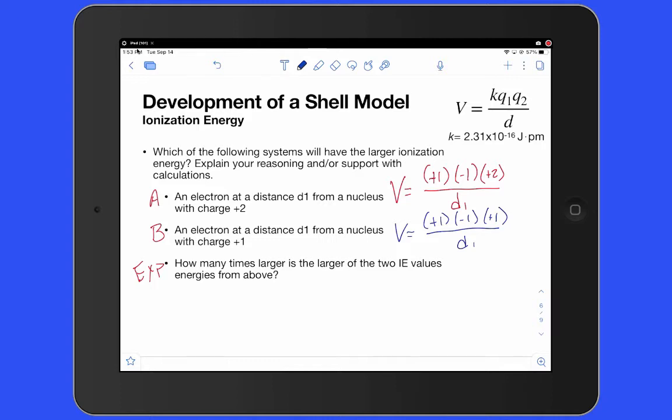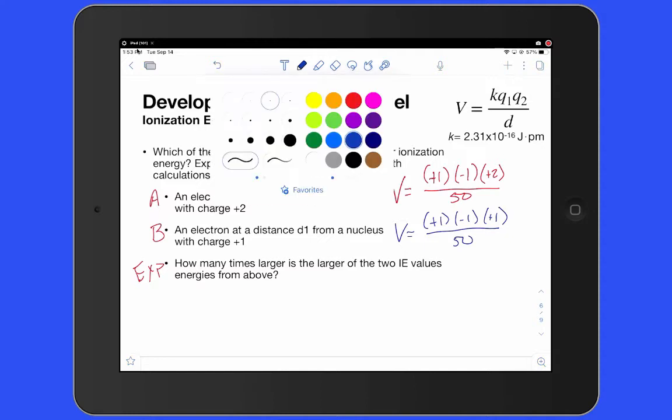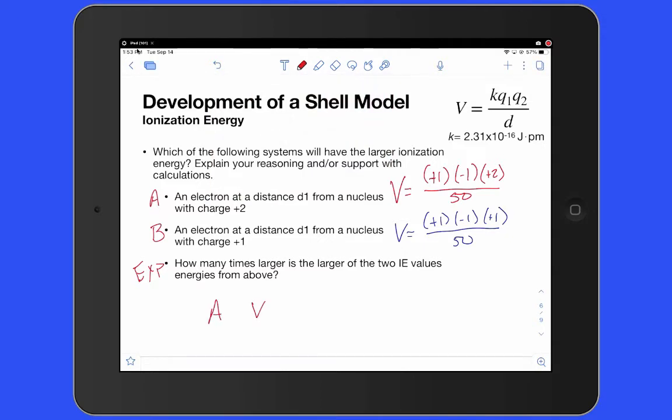So if we make D1 equal to 50 and substitute that in, for A we get V equal to -2/50, which is -1/25, which is going to be -0.04, I think.